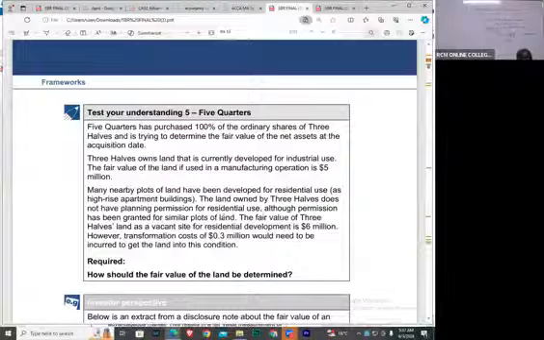The fair value of 3 halves land as a vacant site for residential development is 6 million. However, a transformation cost of 0.3 million would need to be incurred to get the land into this condition.